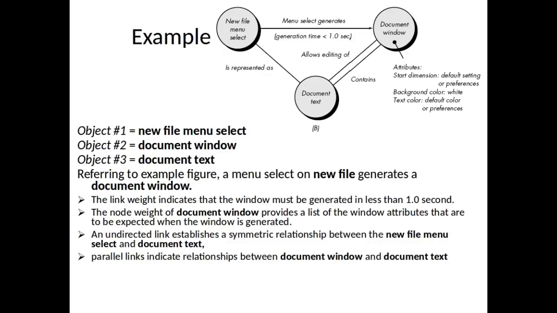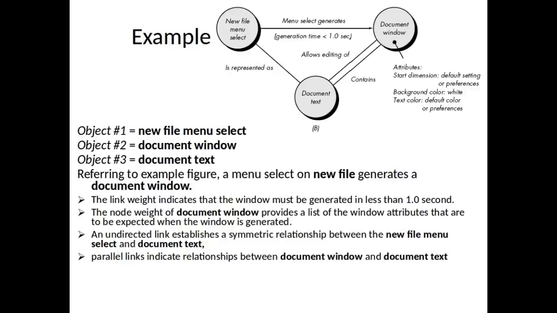As a simple example, consider a portion of a graph for a word processing application, as shown in the figure, where object 1 is a new file menu selection, object 2 is a document window, and object 3 is document text.